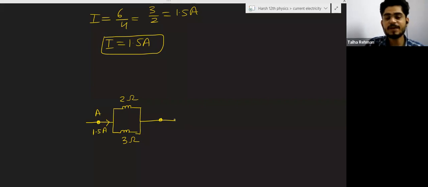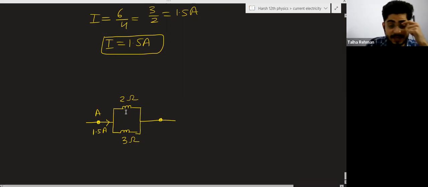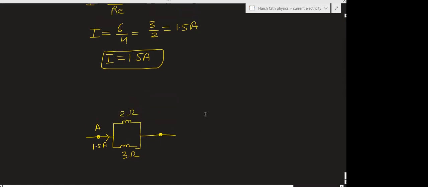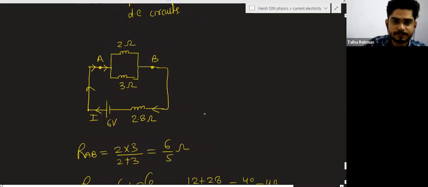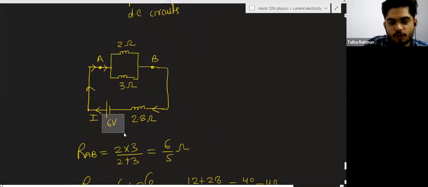But we have to calculate the current in this 2 ohm resistance. For that, we should know the potential drop across this. For the potential drop, what will you do?